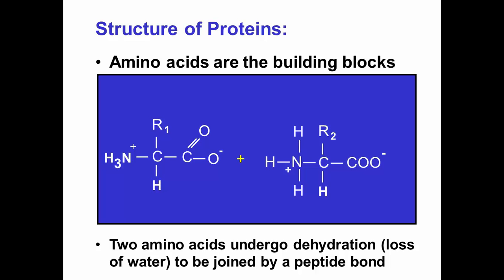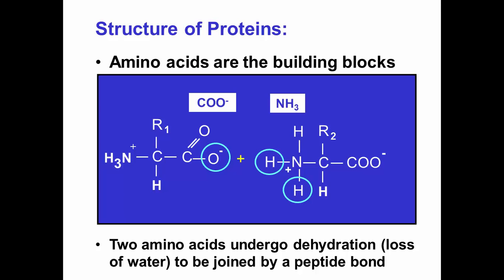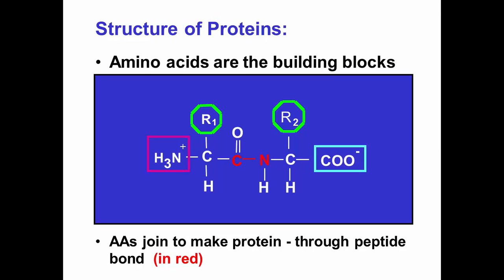So amino acids come together to form peptide bonds, right? The carboxyl group of one amino acid combines with the amino group of another amino acid by a peptide bond, and that's a dehydration reaction. So we end up with this peptide bond, water is produced, and now we have a dipeptide, right?